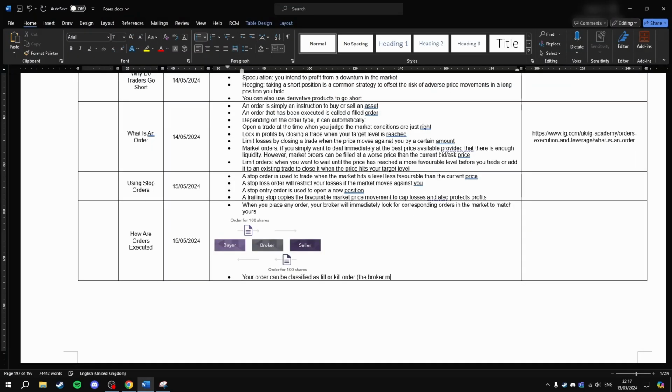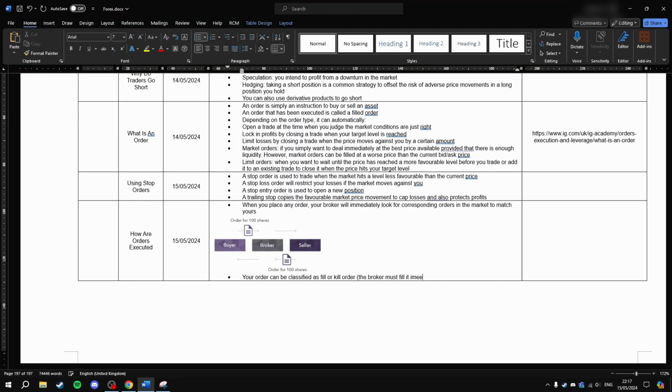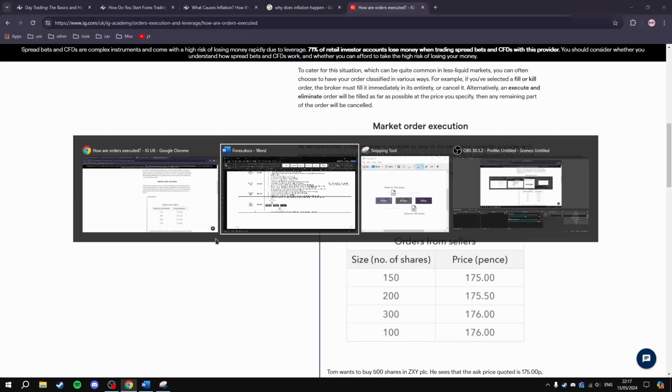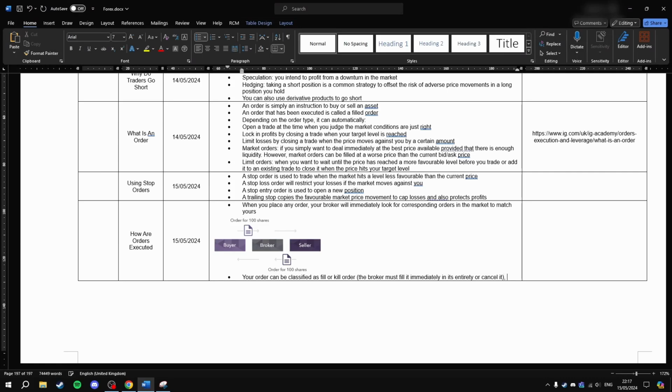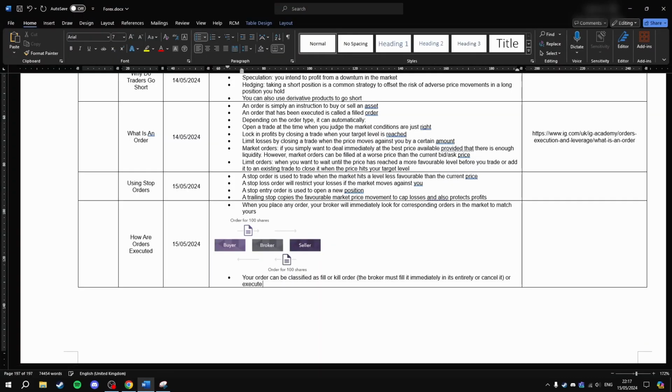The broker must fill it immediately in its entirety, or cancel it. Or an execute and eliminate order.